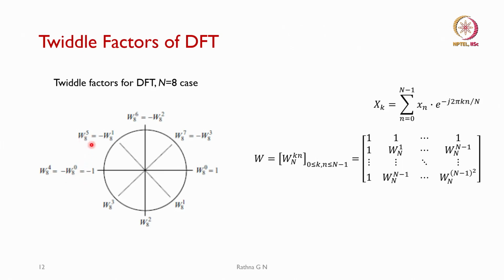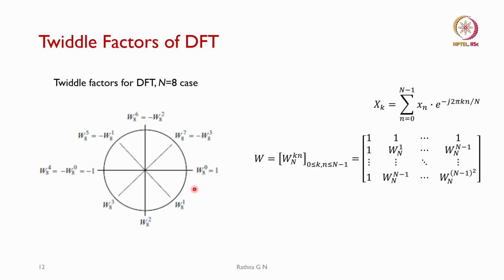Then we know W85 is equal to minus W81, W86 will be equal to minus W82, and when we come to W87, it comes out to be minus W83.